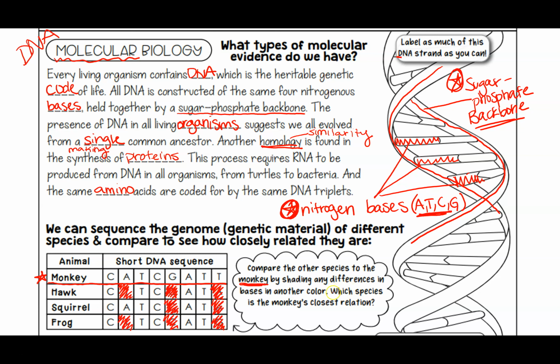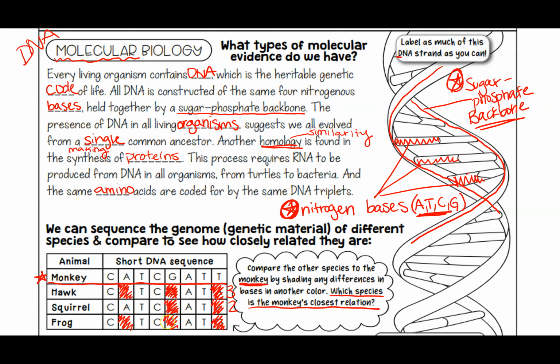So the next question says, which species is the monkey's closest relation? How would we figure that out? Well, we take a look at the hawk and we see it has 1, 2, 3 differences from the monkey. The squirrel has 1, 2 differences from the monkey.